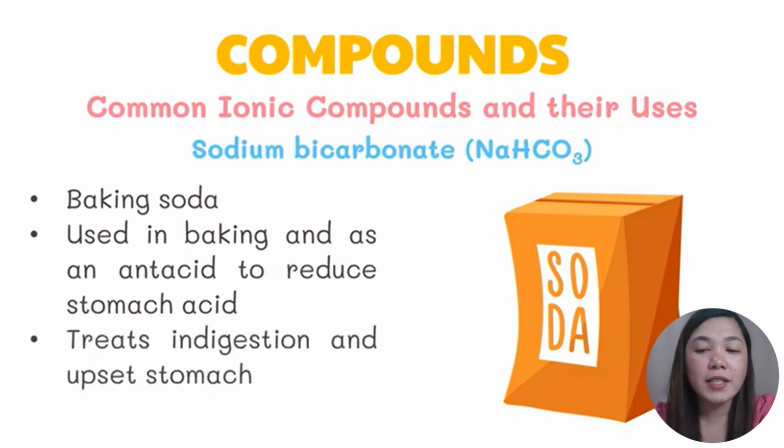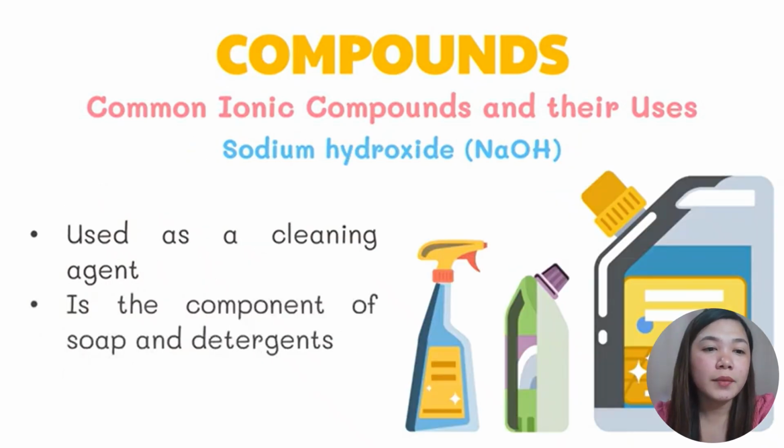So these are the different examples now of ionic compounds or even covalent compounds that are commonly used by us, and also their uses. Next, we have sodium hydroxide, or the NaOH. It is used as a cleaning agent. It is a component of soap and detergents. So, of course, we use this every day at home and even here at school.